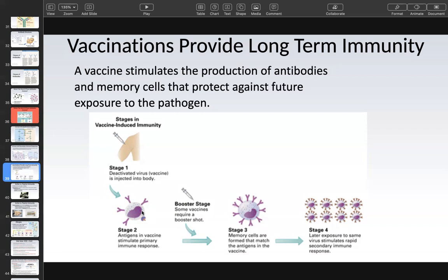So just enough to get the antibody production, but not enough to cause a debilitating illness.